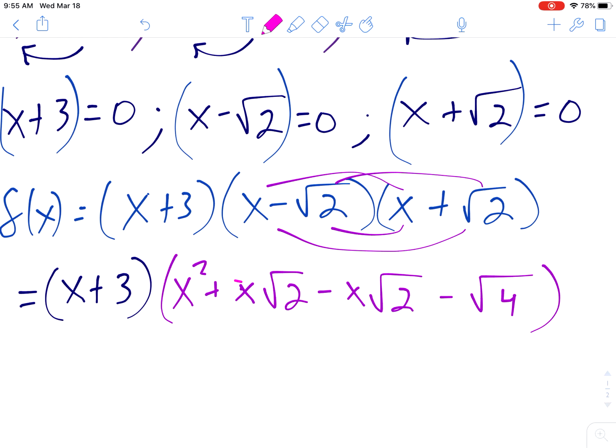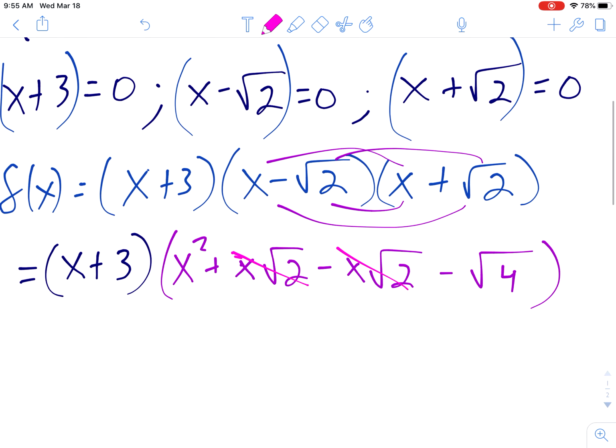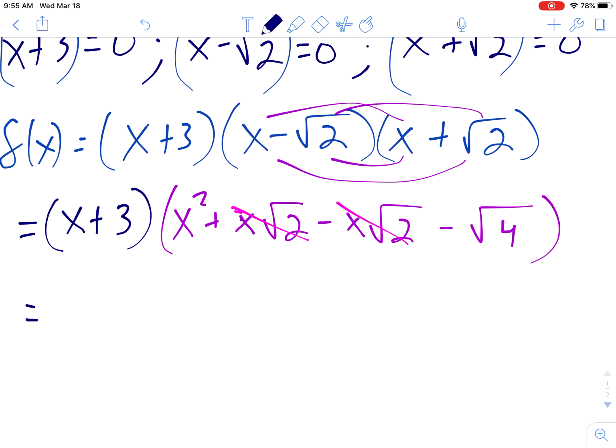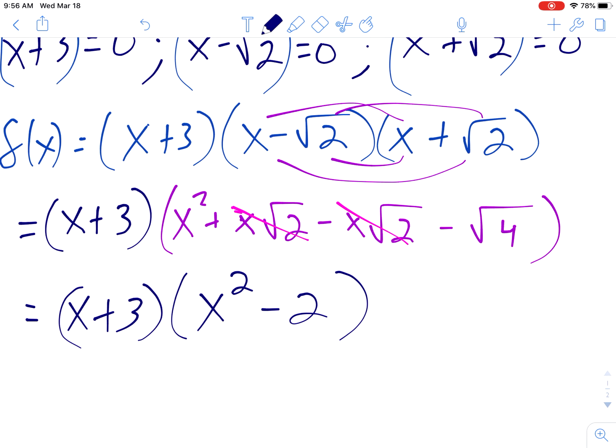So what's going to happen then is these middle terms cancel off, and you're left with something much shorter, x plus 3 times x squared minus 2. The square root of 4 is that 2, which is much easier to deal with than trying to do stuff with radicals.